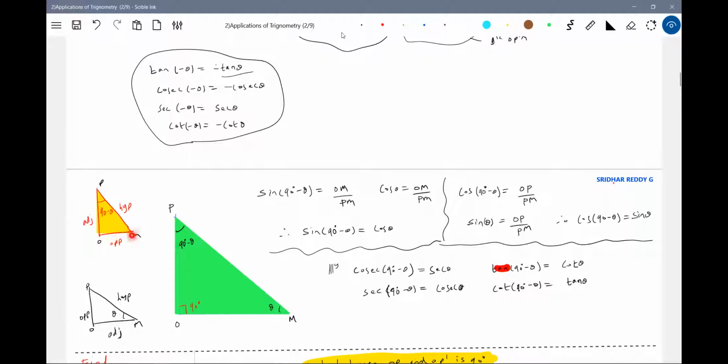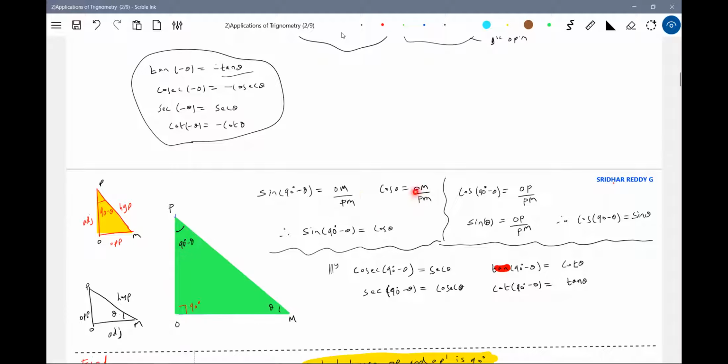It will be OM by PM. Fine, keep it here now. Similarly, in the bigger green triangle, we'll define cos theta as adjacent by hypotenuse, OM by PM.